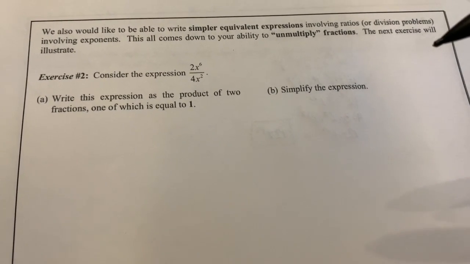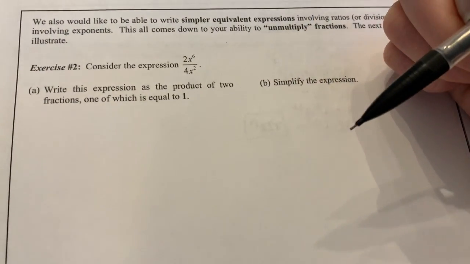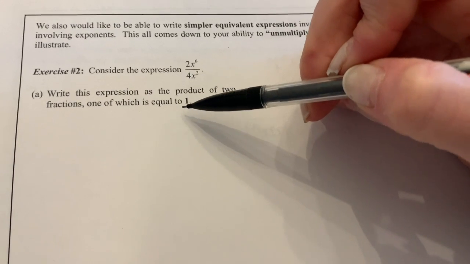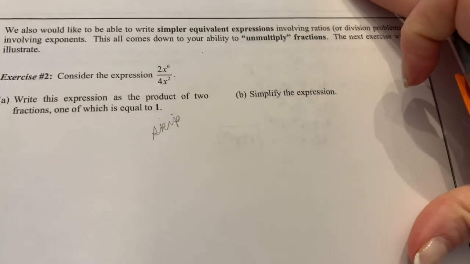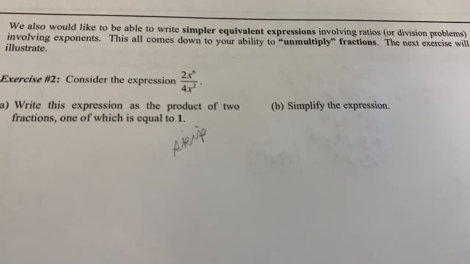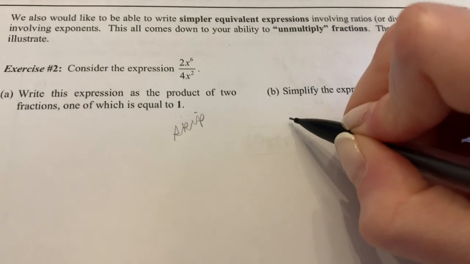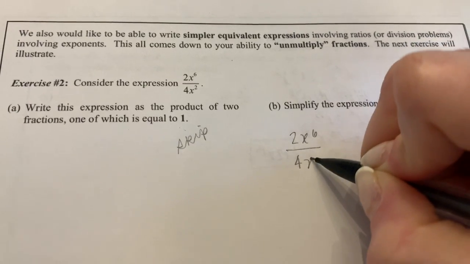What we're going to talk about today is simplifying expressions where there's division involved, okay? All of these where they're asking you to write it as a product where 1 is equal to 1, we're not going to do those, not for this lesson. So I'm just going to show you how to simplify. We're going to take the original, 2x to the 6th power over 4x squared.